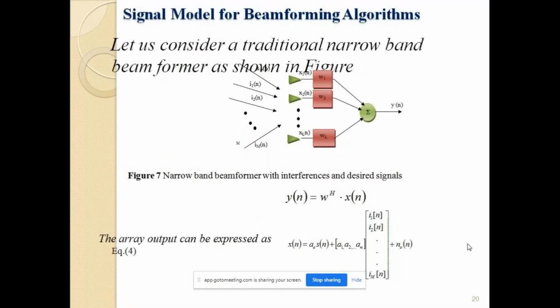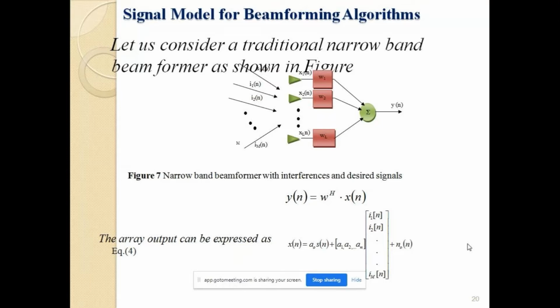Now, when we take the array output for a beamforming technique, the output of the beam is very important, because it gives an idea of where the intended signal, or the desired user, is. The array output y of t is equal to the weights multiplied by the incoming signal.